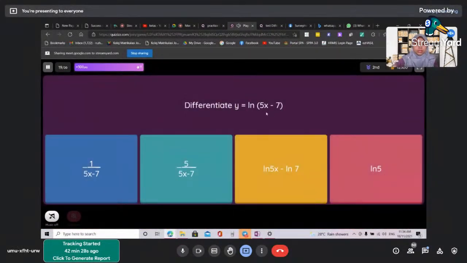Okay, differentiate ln. Which one? First, second, third, fourth.